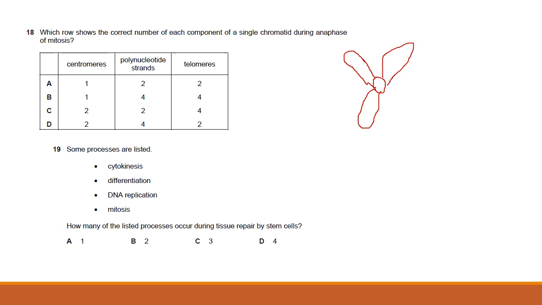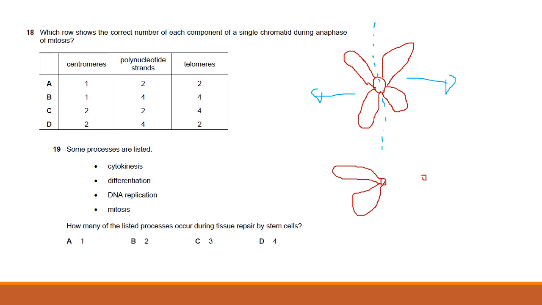This is a chromosome. If you split this chromosome in 2, which is what happens during anaphase, by the way, you should study your phases of mitosis, this side moves to the opposite pole, this side moves to the opposite pole, which means you are left with something that looks like that.